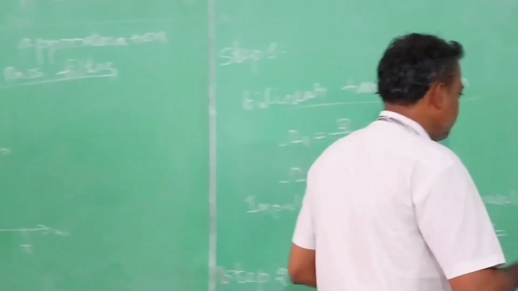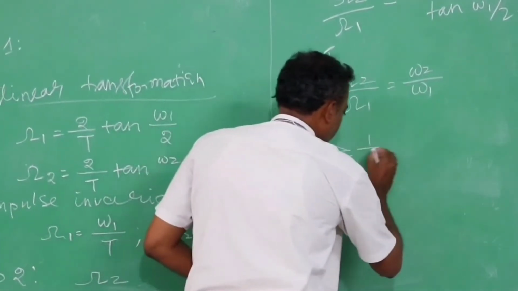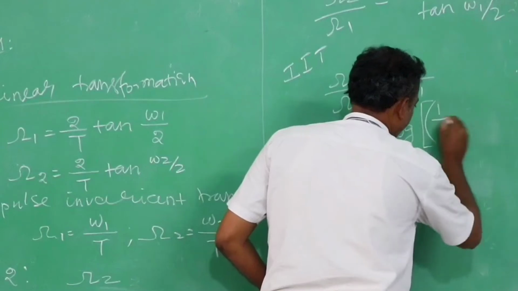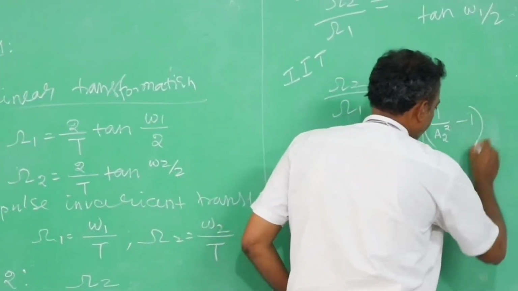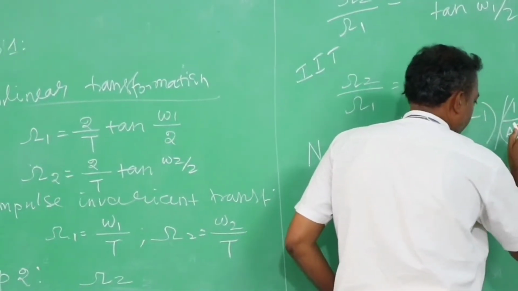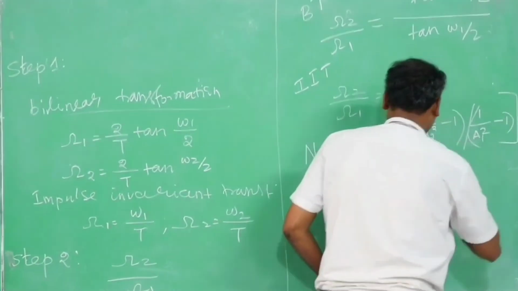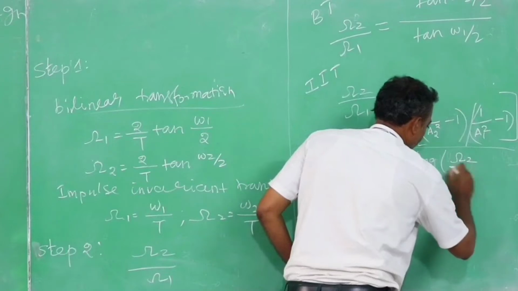The order of the filter is determined by the equation: n greater than or equal to 1 by 2 log of (1 by A2 square minus 1) divided by (1 by A1 square minus 1), divided by log of ohm 2 divided by ohm 1. Here A2 is the gain at the stop band and A1 is the gain at the pass band.